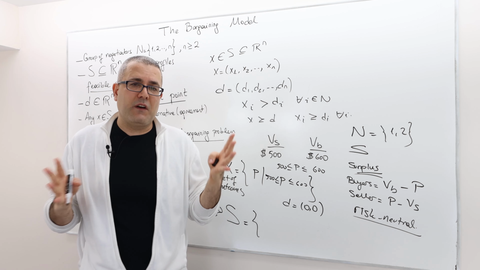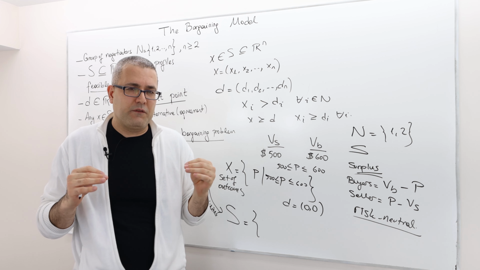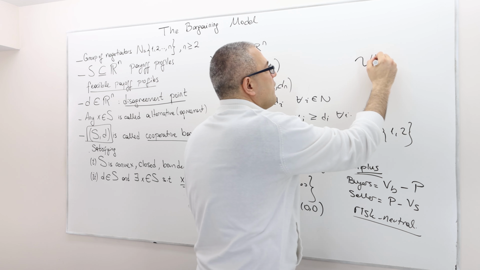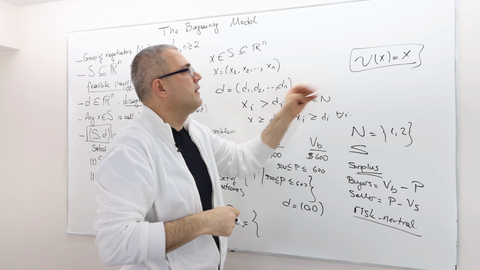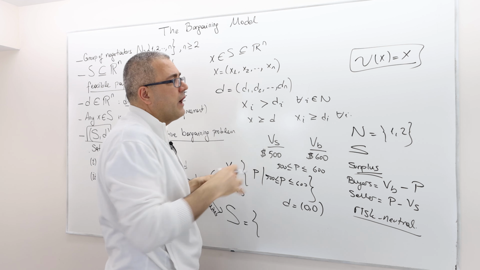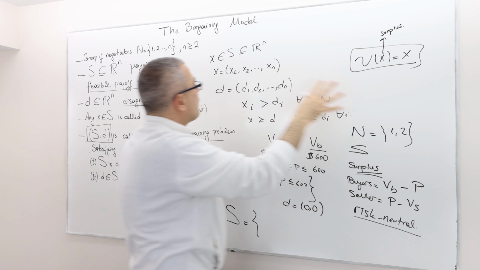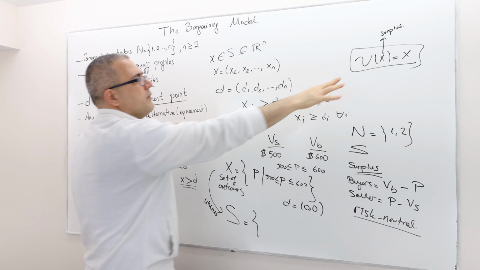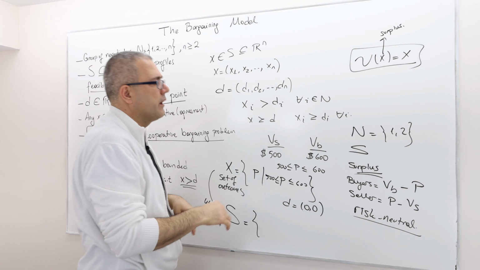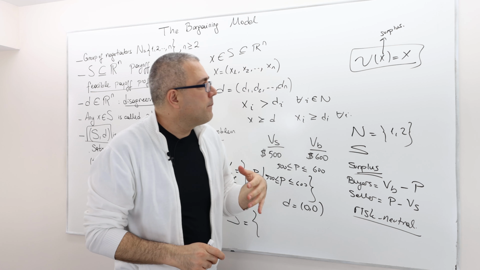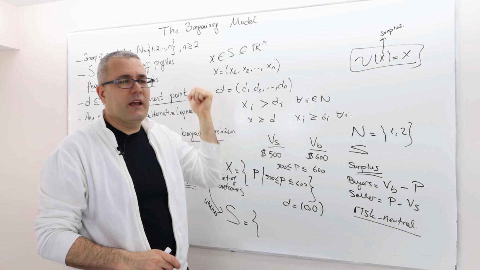If the surplus is 500, then my utility is also 500. So basically U of X is equal to X, to be specific, and here X is the surplus. I'm sorry for using the same notation for representing different things, but I hope it is clear what I mean by X here and what I meant by X there.